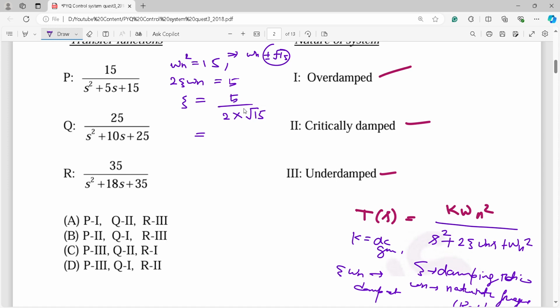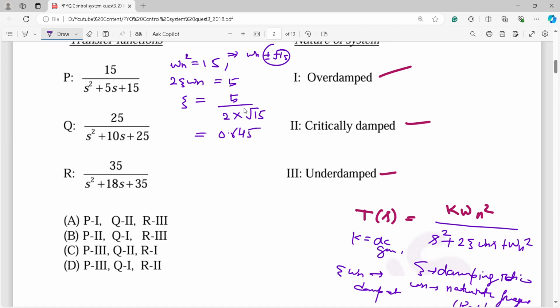So zeta is 5 by 2 into root 15, which comes to 0.645.